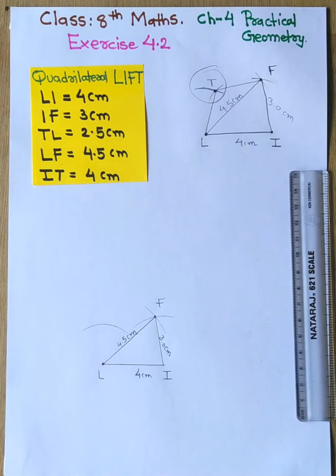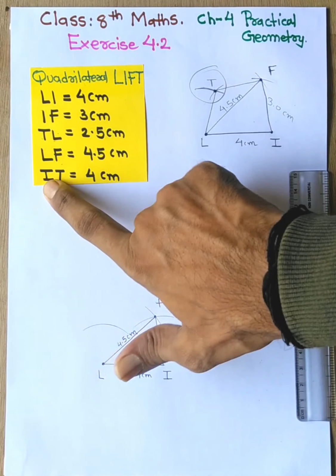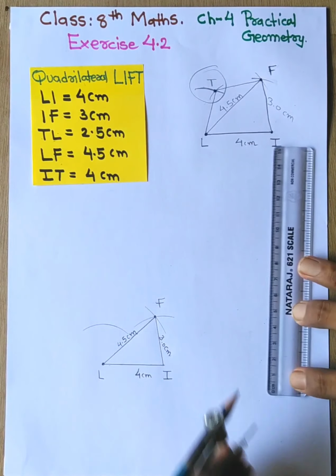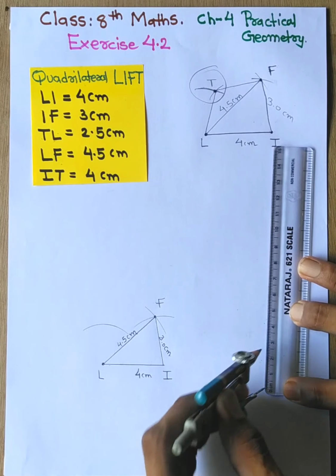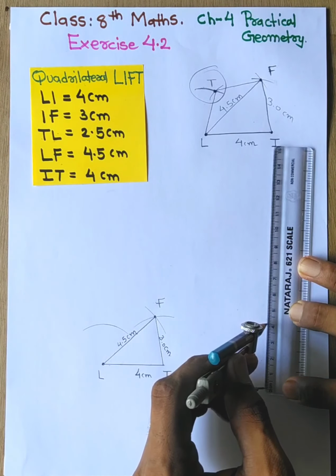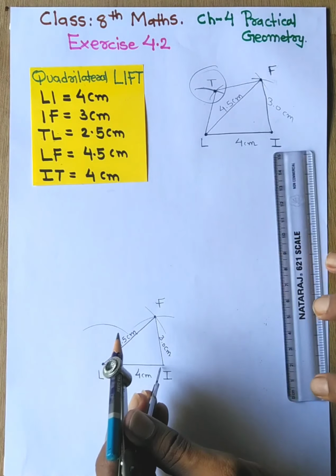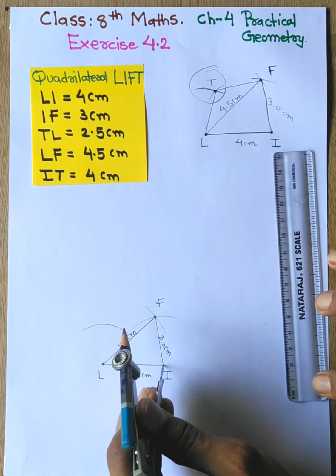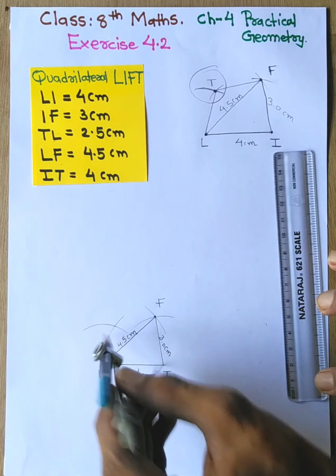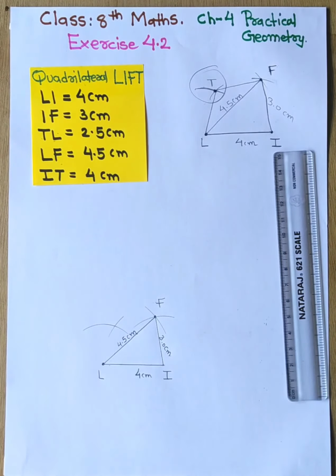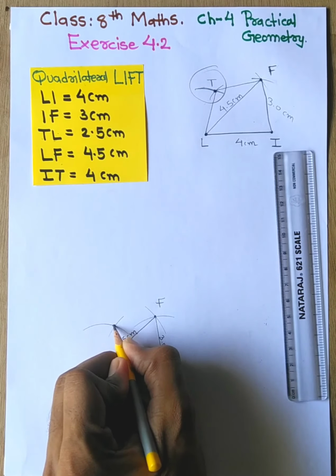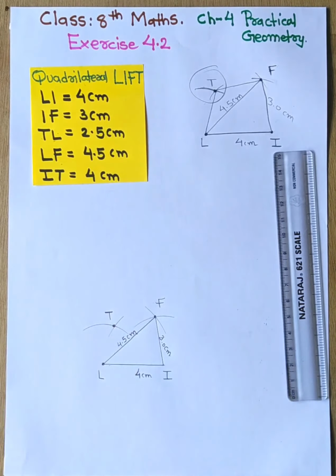Now the second arc will be from I. So IT 4 centimeter. So let us take 0 to 4 centimeter. Very carefully you take, and keeping the center at I, you will intersect the previous arc. Now wherever they are intersecting, we will write it as T.